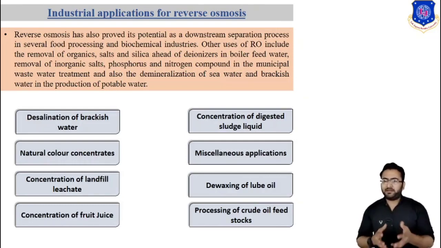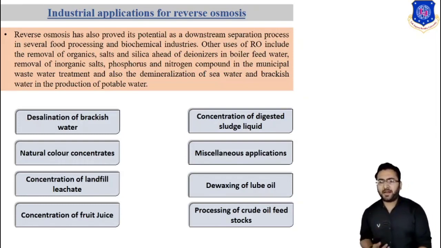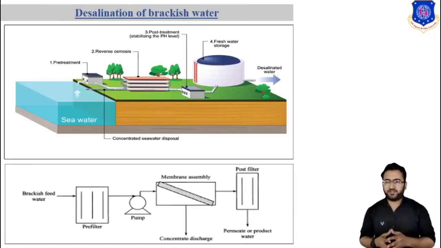So in this session, we are going to discuss desalination of brackish water, natural color concentration, concentration of landfill leachate, concentration of fruit juice, concentration of digested sludge liquid, dewaxing of lube oil, processing of crude oil or feedstock, and various other applications of reverse osmosis. So let's first start with desalination of brackish water.